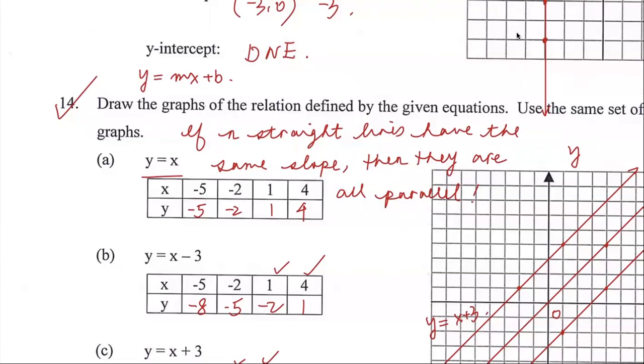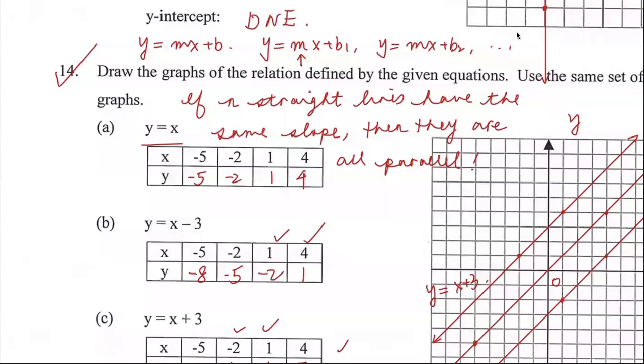So if we have different straight lines, for example, y is equal to mx plus b1, y is equal to mx plus b2, etc. If m is the same, but b is different, that means only the y-intercepts are different, but the slope is the same, right? That's what happened here, right?